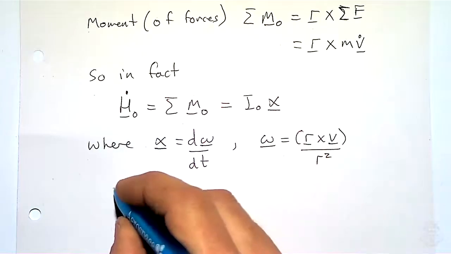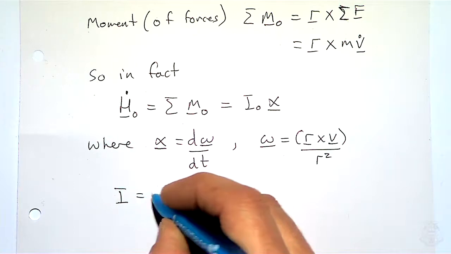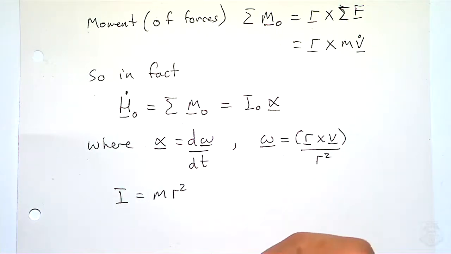And this moment of inertia of a rotating body is equal to m, the mass, times r squared.